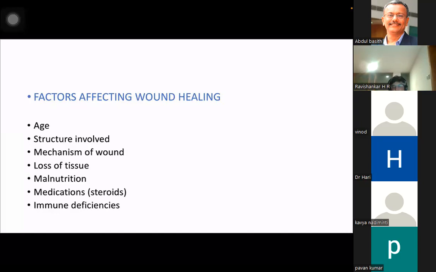So just to add to what Abdul said, the understanding of wound healing is such that even for hernias, it is the collagen synthesis deficiency which is now thought about as the cause for hernia, rather than factors like chronic cough, constipation and urinary incontinence. They may contribute a little, or make it manifest.